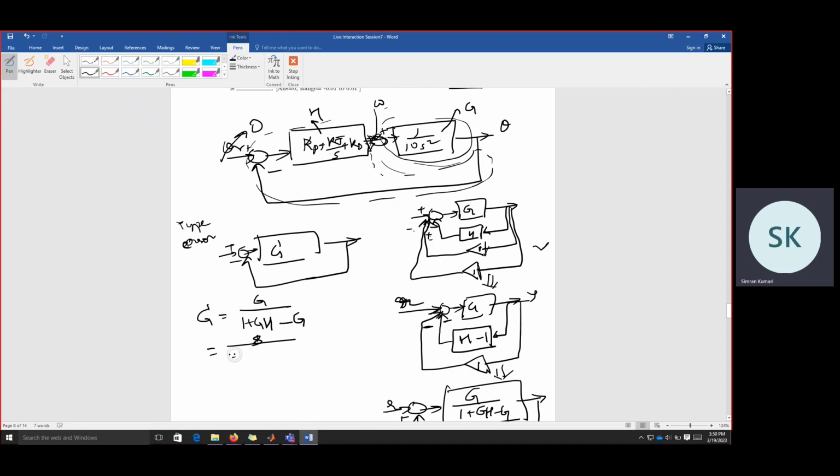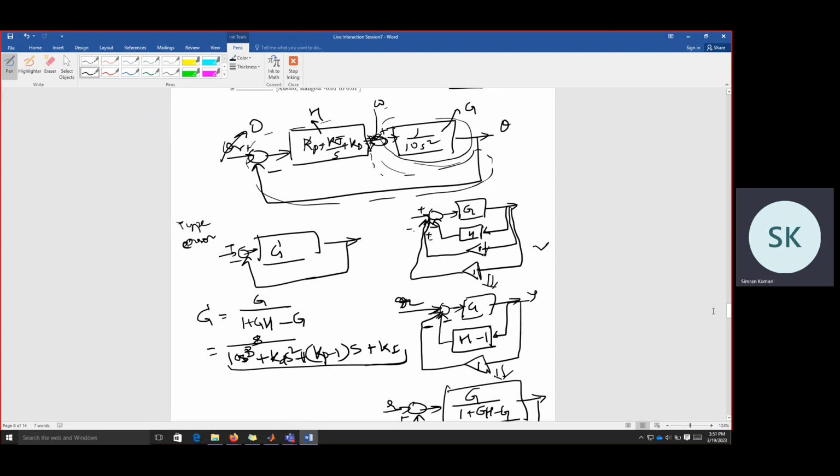Something kind of, let me write it. Okay. So from this, we get that there is no pole at origin. So this is the characteristic polynomial, and there is no integrator in the denominator.